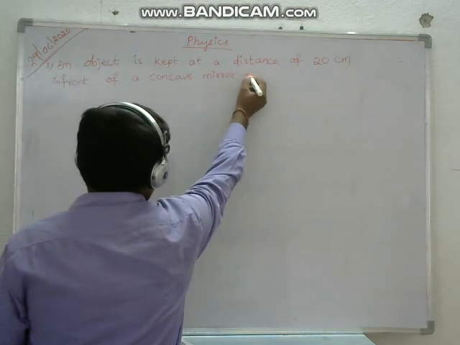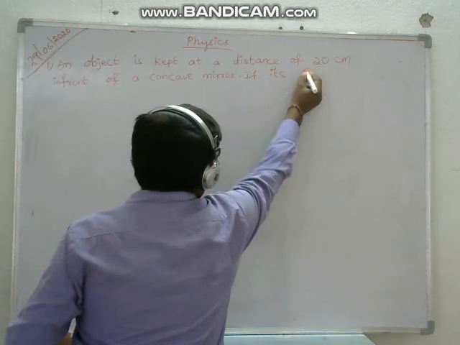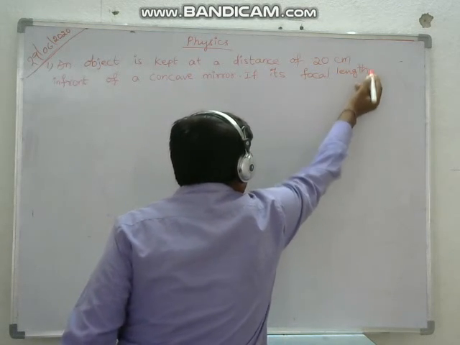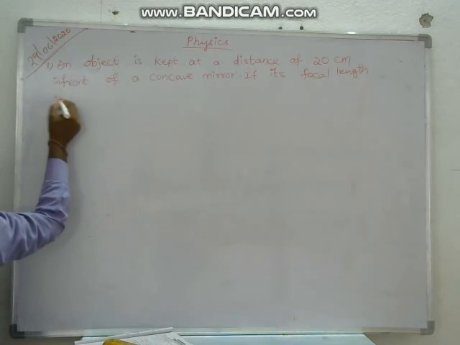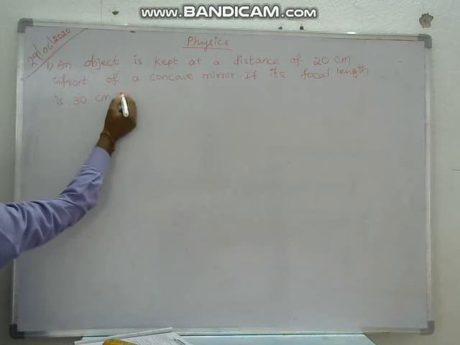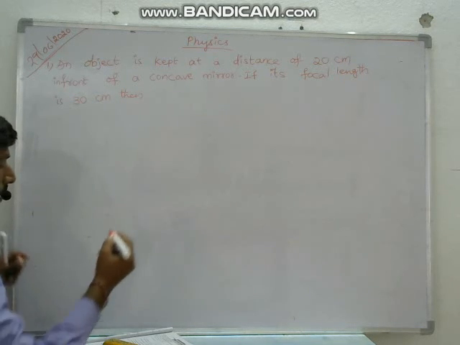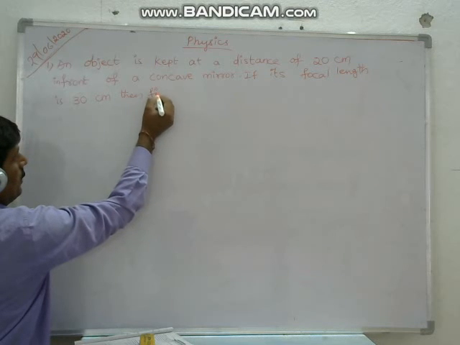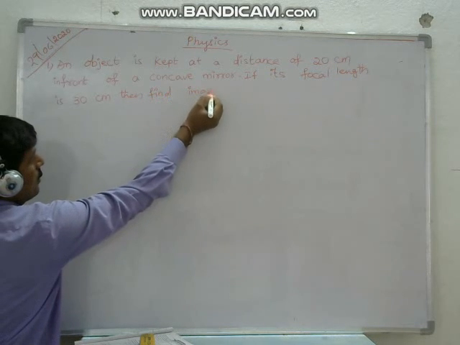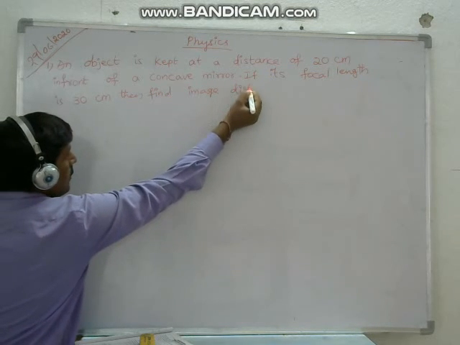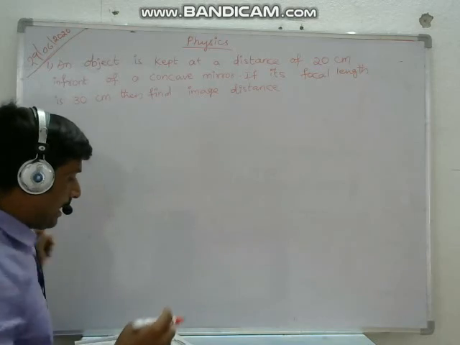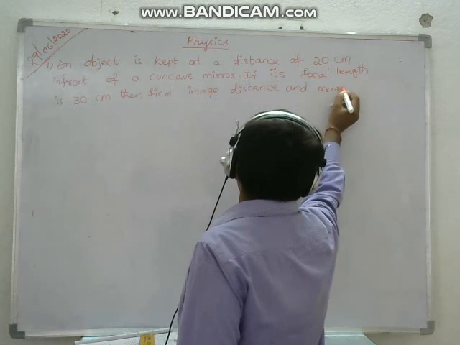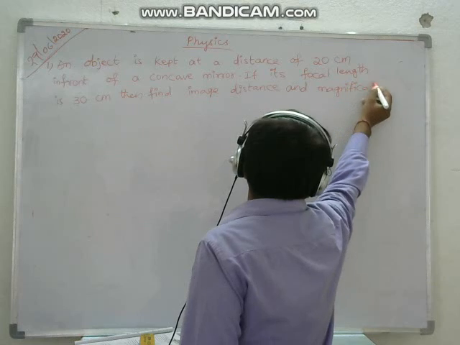If its focal length is 30 centimeter, then find the image distance and magnification. Note it as a classwork, children.